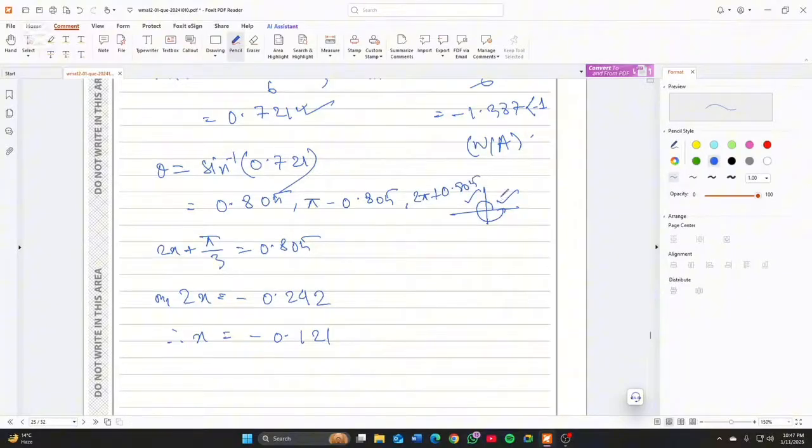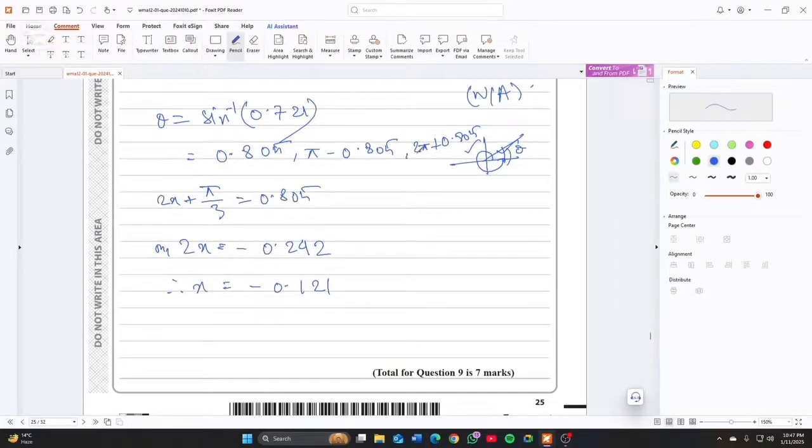If we increase any value further than this, it will be 2 pi plus this theta. So for these values as well, we can find out x. Here 2x plus pi by 3 will be equal to pi minus 0.805, and therefore x will be, let me just do it in shortcut.